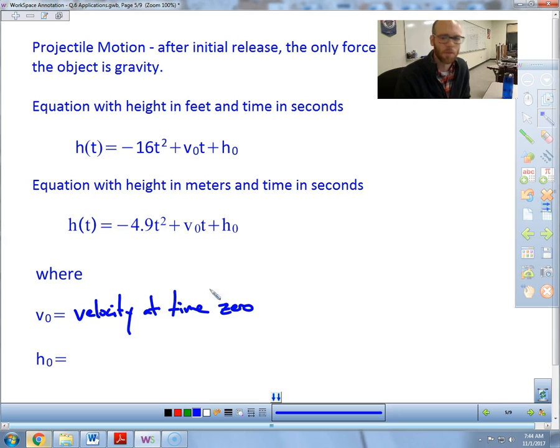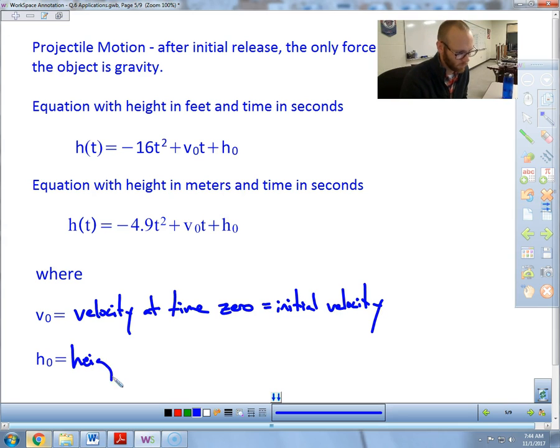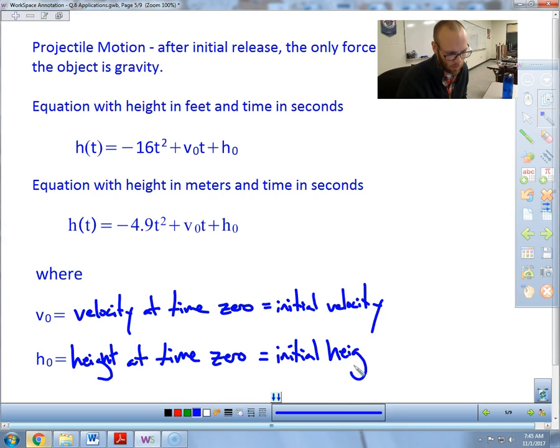It's also referred to as the initial velocity. h sub 0, that's the height at time 0, or the initial height.